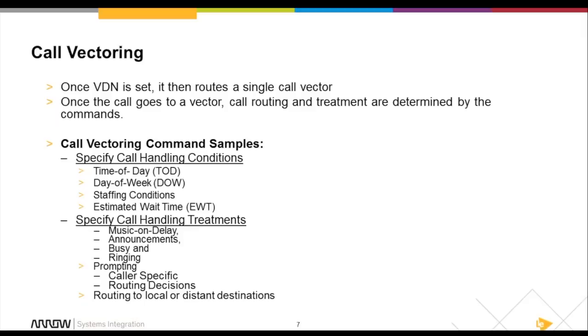When I do vectoring, I have 5 steps, or a minimum of 4, but 5 steps that I look at. The first thing I look at is, is it a holiday? I don't want callers to come in and hear ringing and announcements, or even be answered if it's a holiday. I want to shed that call off right away. Same thing with your time of day.